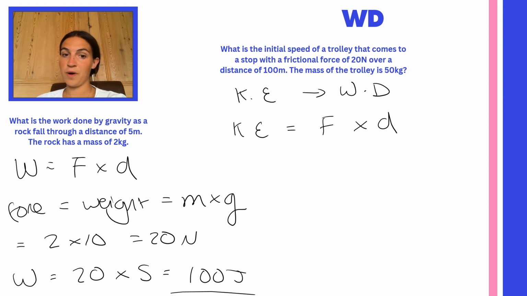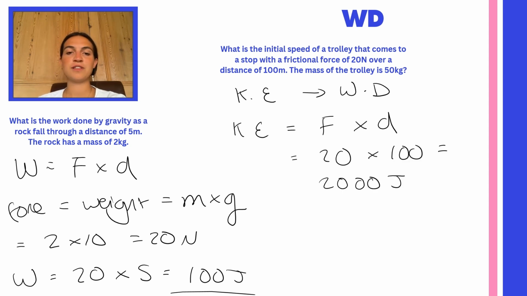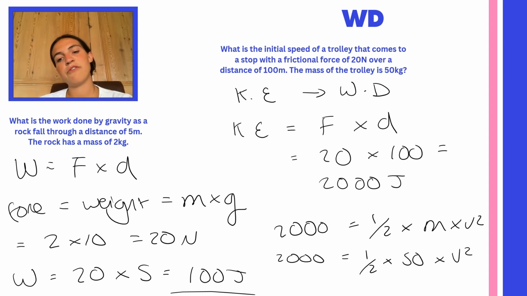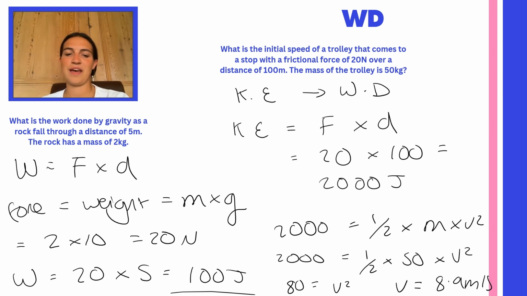So let's figure out the work done first. My force, 20, multiplied by my distance, 100, gives me 2,000 joules. Set that equal to kinetic energy, half mv squared. Add my mass in there, so I've got 2,000 equals half times 50 times v squared. Rearranging, my v squared is equal to 80 and v is 8.9.